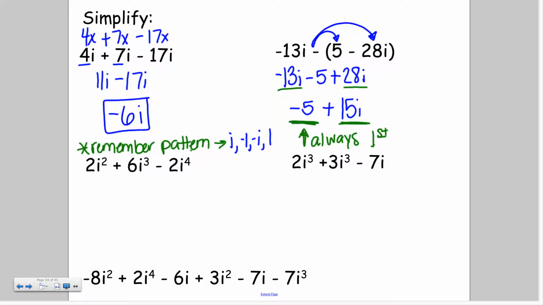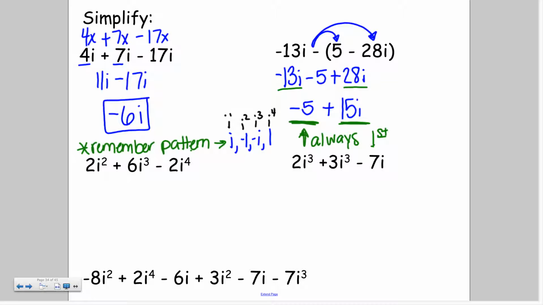All right? We know that this is i to the first, i squared, i cubed, and i to the fourth. So we cannot end with anything over an i. We're going to have to simplify it, okay?